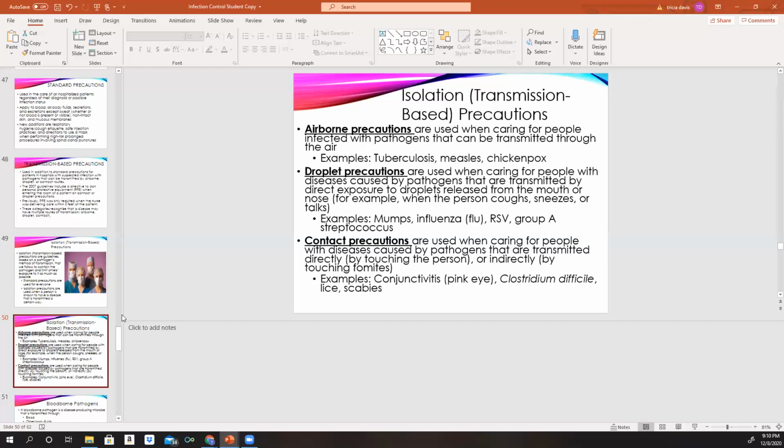You want to wear a respirator when entering the room of a patient with a known or suspected case of tuberculosis or even COVID. So you're going to wear that N95 mask. You are going to wear your face shield, and you're going to wear your gown and your gloves when you go in there. Other things that you would put a patient in a negative pressure room for would be if they had the measles or varicella, which is chickenpox.